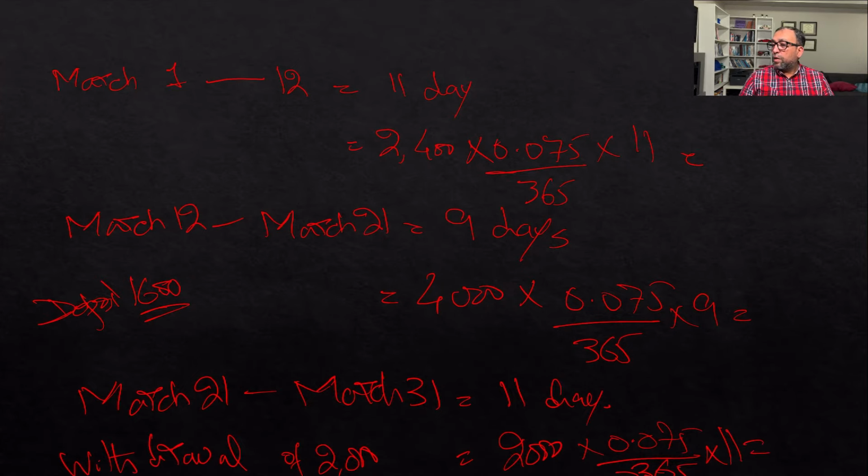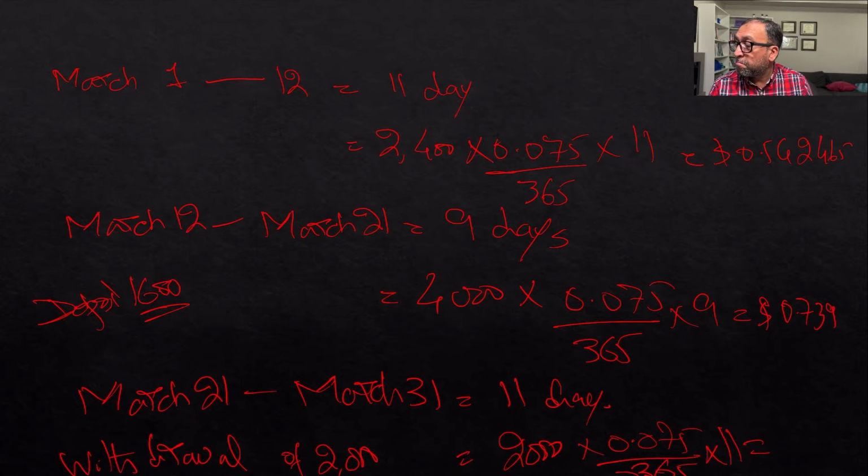Now if we figure out how much money we have here, we get $0.542465 here, $0.739726 here, and here we have $0.452054.